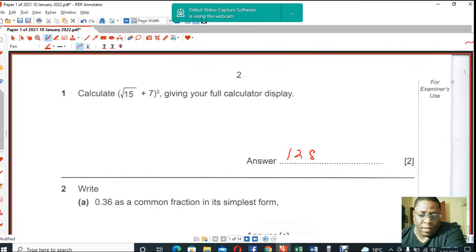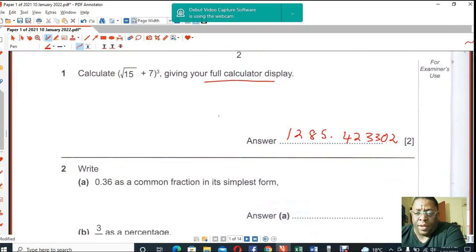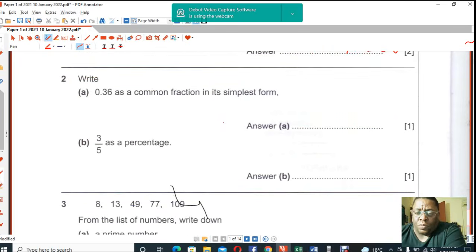So it's 1285.42 and then it's 3302. Okay, you get 2 marks for just that, right? The question tells you must give a full calculator display. All right, so that's what you do. Don't round anything there. Nothing to be afraid of for that question. Don't try to do too much, just answer the question.